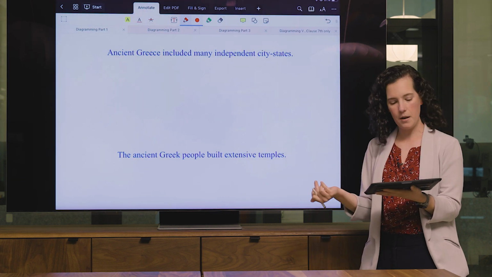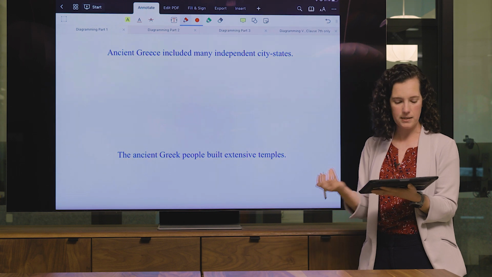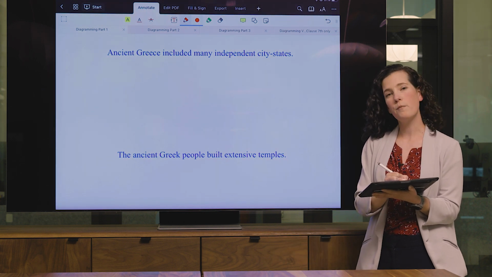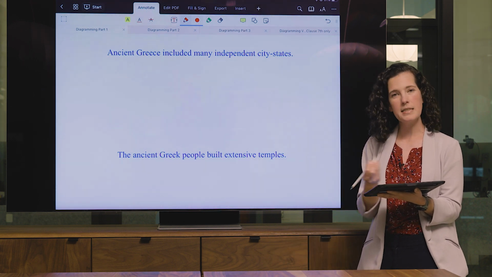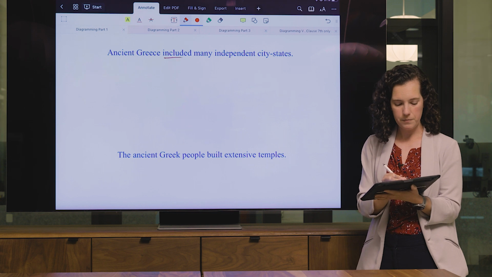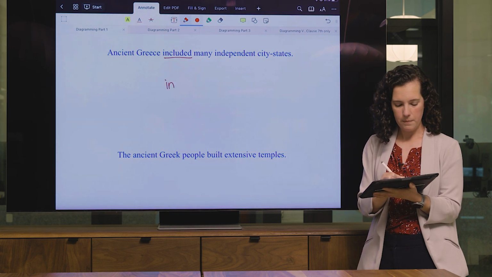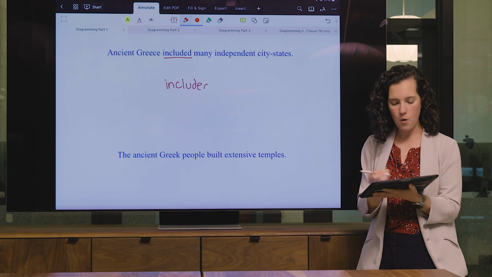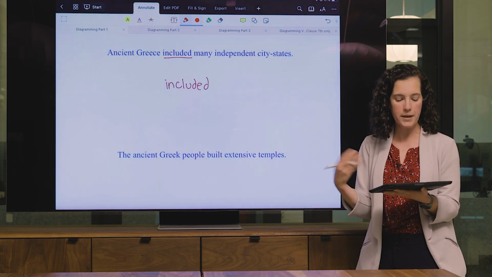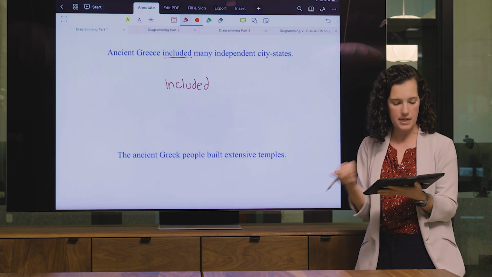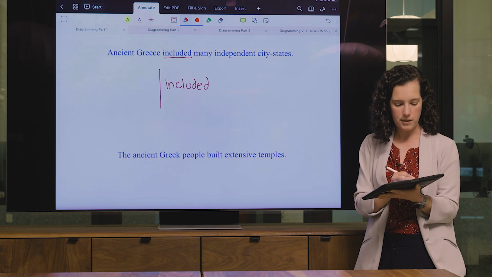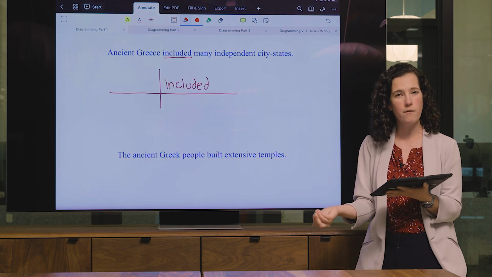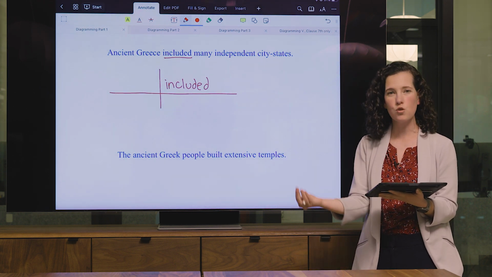Ancient Greece included many independent city-states. Again, we look for our verb first. In this case, it is included. And we ask who the subject is. What included many independent city-states? We would get ancient Greece. Ancient, however, is just an adjective describing Greece.